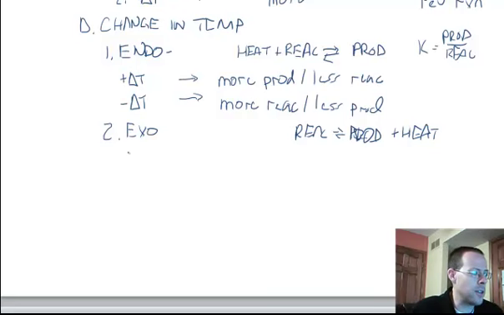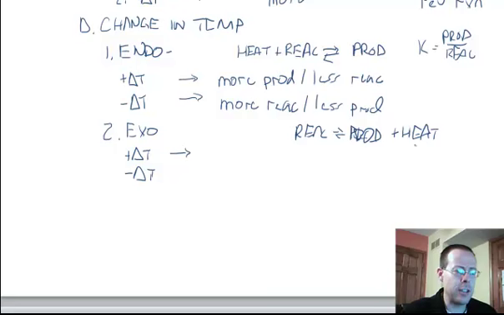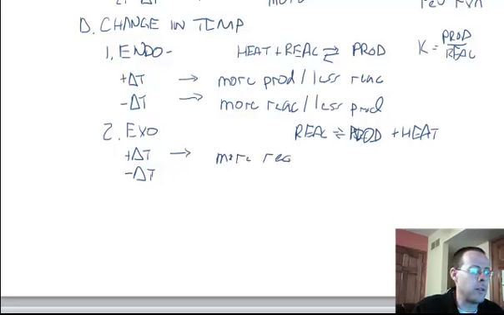So in this case, again, we could raise the temperature on an exothermic reaction, or we could lower it. If we raise the temperature, it's essentially like we're adding more product. So how's that going to shift? If we're adding more product, it's going to want to make more reactant. It's going to want to use up that heat. So more reactant is produced, and less product.